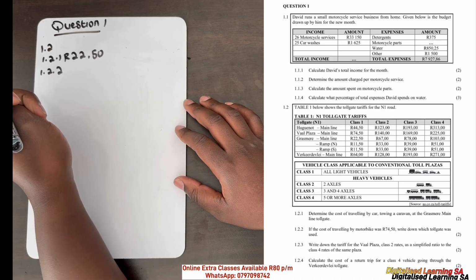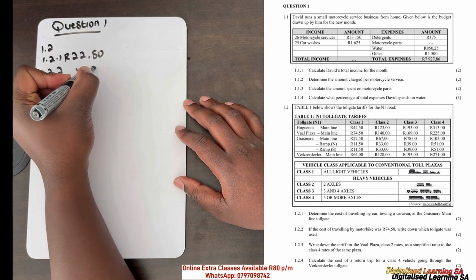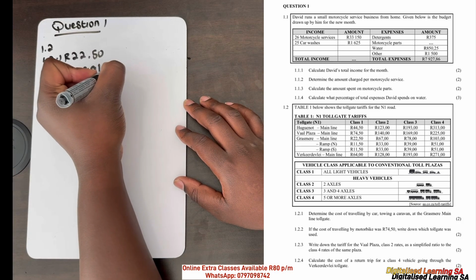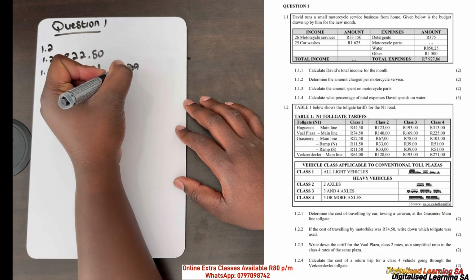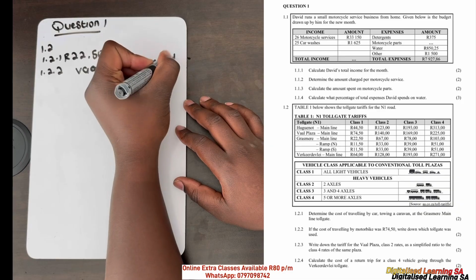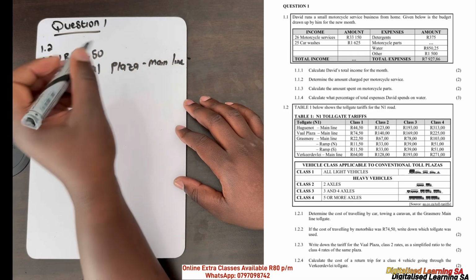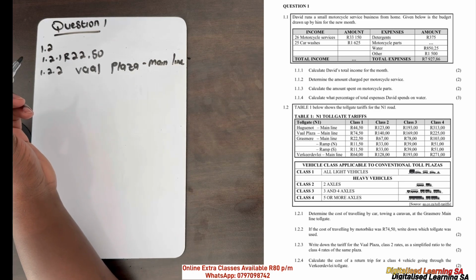So now we need to go to class 1 and see the toll gate which costs 74.50 rand. And if we do that, we can see that the toll gate name will be Val Plaza main line. So this is the name of the toll gate.